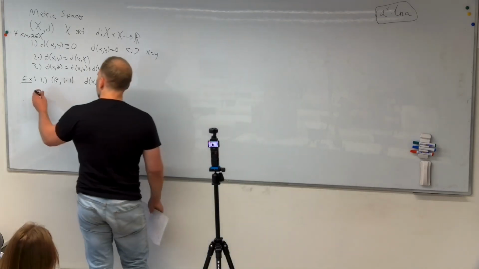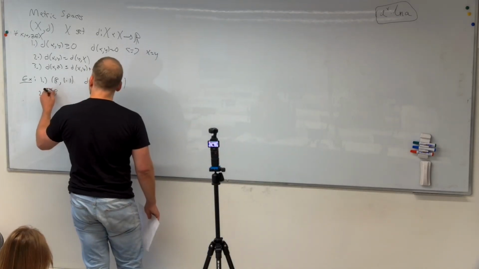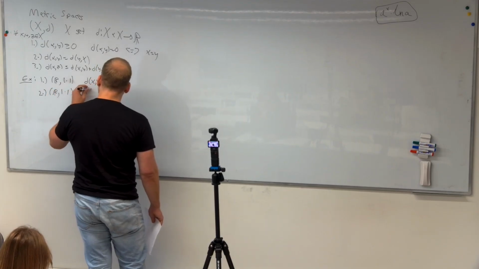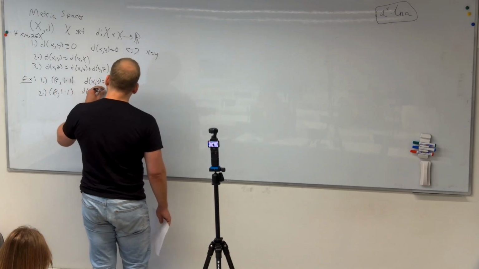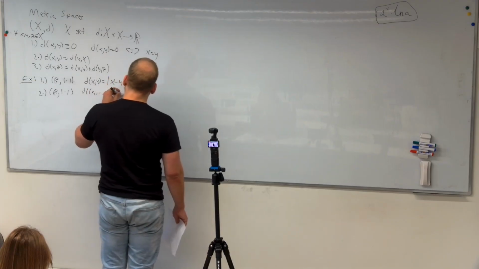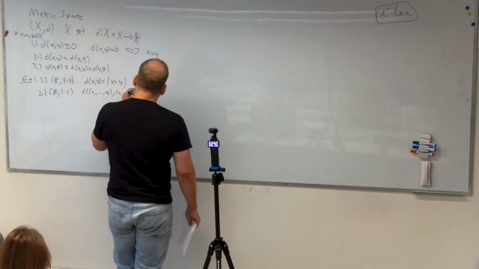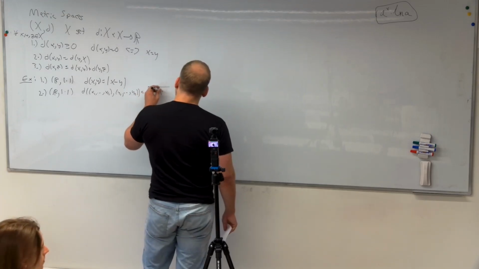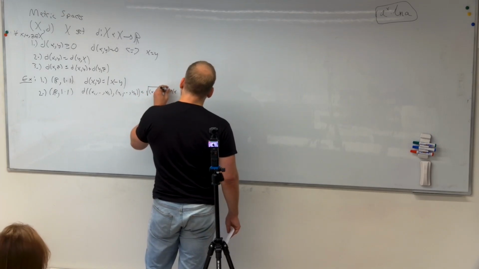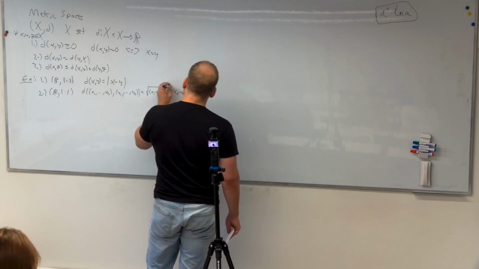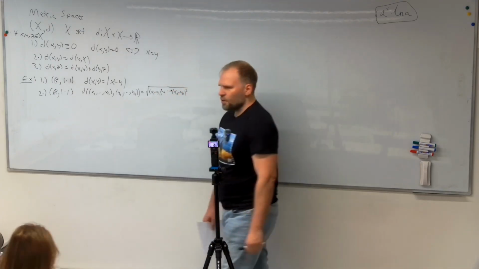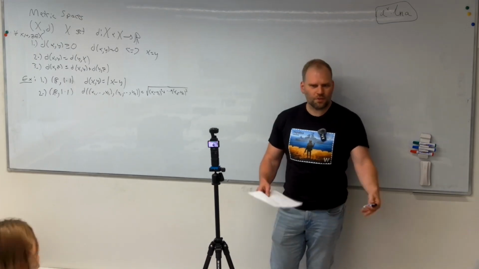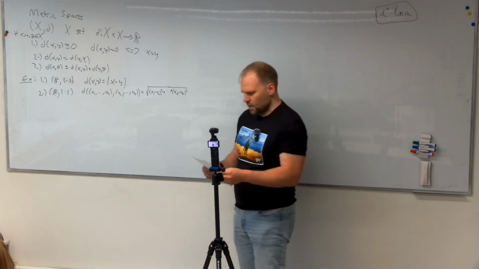We can also look at R to the n, with D of x1 to xn and y1 to yn being the square root of (x1 minus y1) squared up to (xn minus yn) squared, for example. There are other interesting things you can put on here as well. This isn't the only one, but it is a simple example.